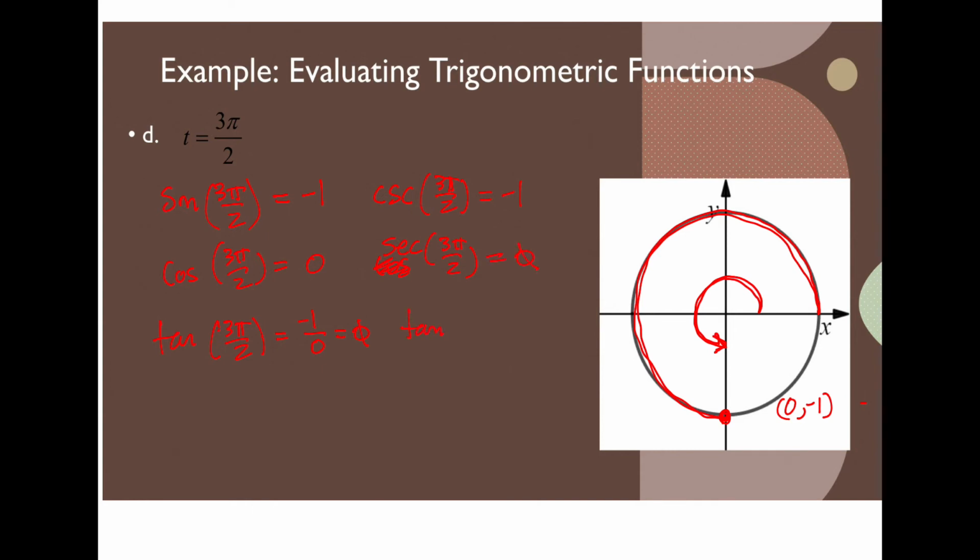And the cotangent of 3 pi over 2 will be allowed. It's 0 over -1, x over y, and that gives me 0. Remember, 0 and the empty set are not the same thing. 0 is an actual number, but undefined is not a number.